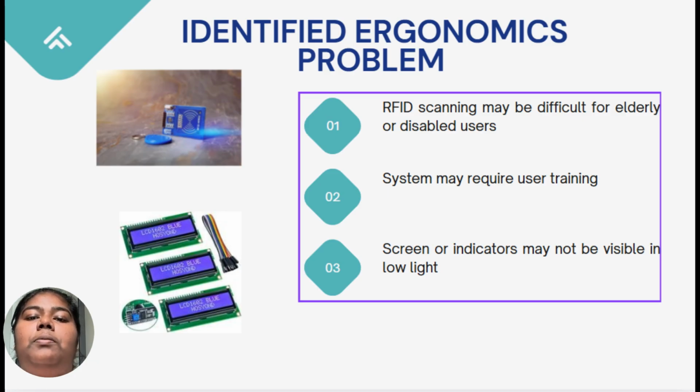Overall, these problems highlight the importance of improving accessibility, visibility, and ease of use for all users, to make sure it is used properly and managed in good hands and provides comfort to all users.